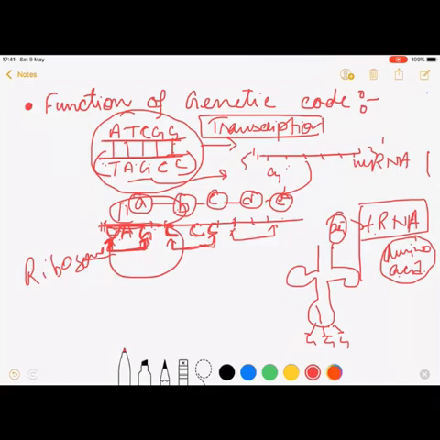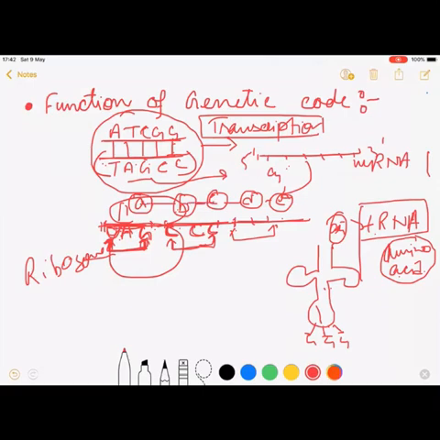Now, a very interesting thing is that whatever genetic sequence was present in DNA, the exact genetic sequence is present in the mRNA, and according to that order given by the DNA, the tRNA will recognize each codon 1 by 1 and will give the specific amino acid that the codon actually specifies.